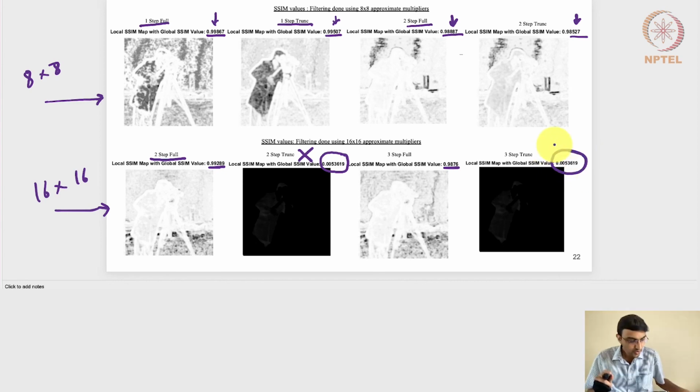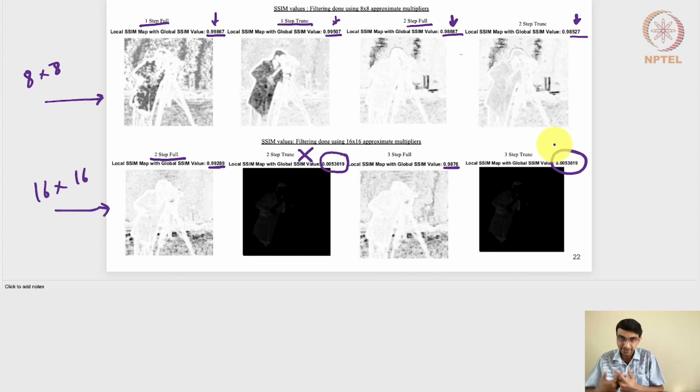Right. So in this particular lecture, what we have seen is how to build approximate compressors using AND and OR recoding, and neglecting the part which has a very low probability of being 1. Then we used those approximate compressors in the multiplier design. We have seen the 8x8-bit and 16x16-bit multiplier designs, and what their impact will be if we use them in a Gaussian smoothing application.